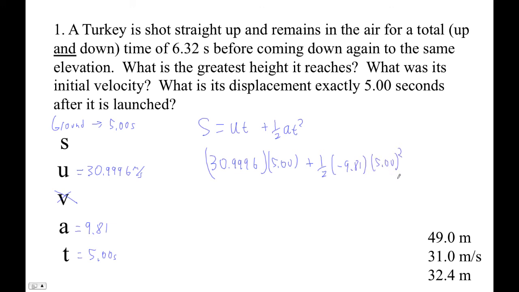So 0.5, whoops, clear. 30.9996 times 5 plus 0.5 times negative 9.81 times 5 squared. I get 32.37, and that's meters, so 32.4 meters with 3 sig figs would be correct.